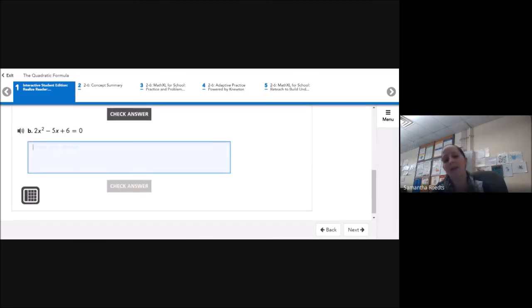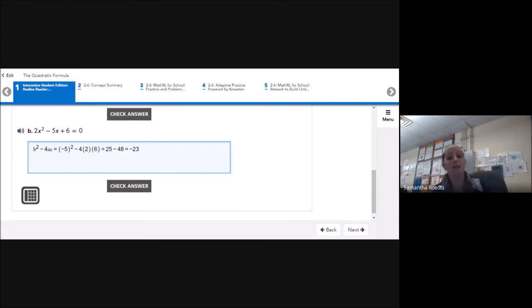Okay, next: 2x squared minus 5x plus 6. So b squared minus 4ac equals negative 5 squared minus 4 times 2 times 6. So this equals 25 minus 4 times 2 times 6, which is 48. 25 minus 48 is negative 23.